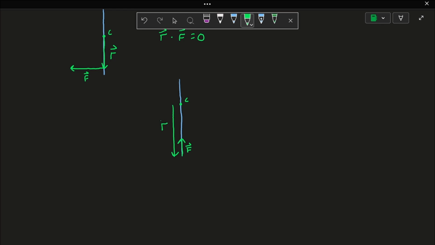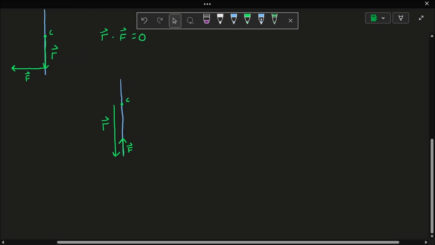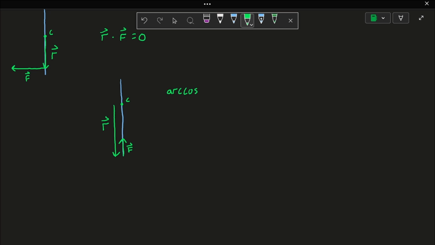Call that vector R. Now, we know we're dealing with a translational force if arc cosine of vector R dot vector F divided by the magnitude of R multiplied by the magnitude of F equals 0 radians, or if arc cosine of vector R dot vector F divided by the magnitude of vector R multiplied by the magnitude of vector F equals pi radians. Then we are dealing with a translational force.